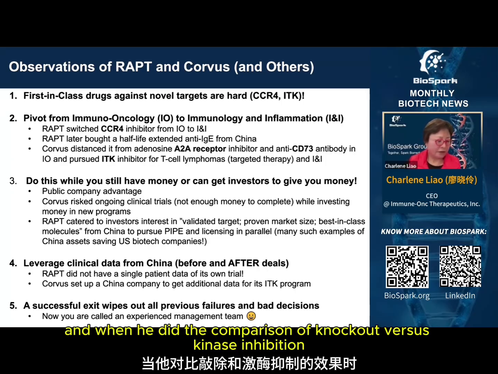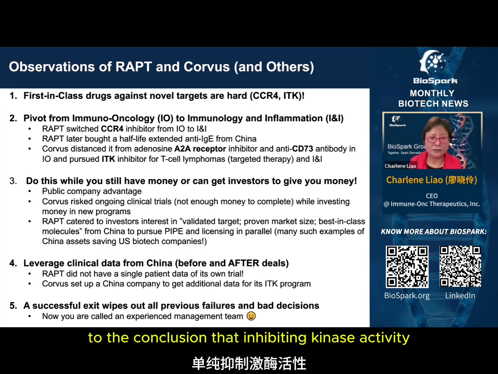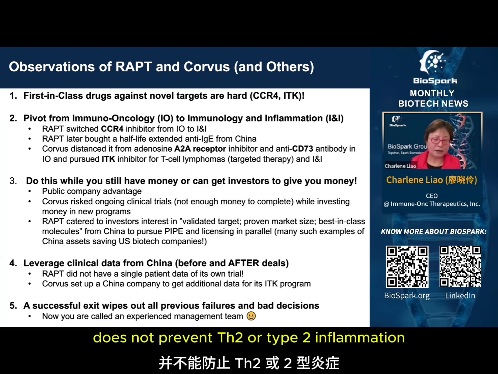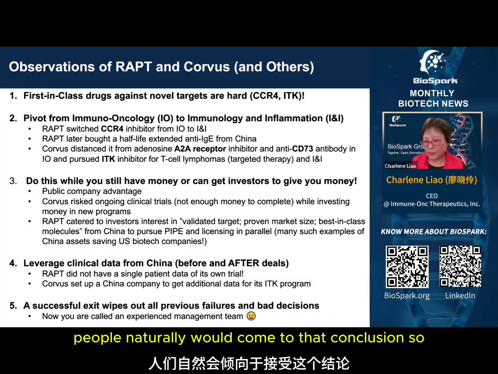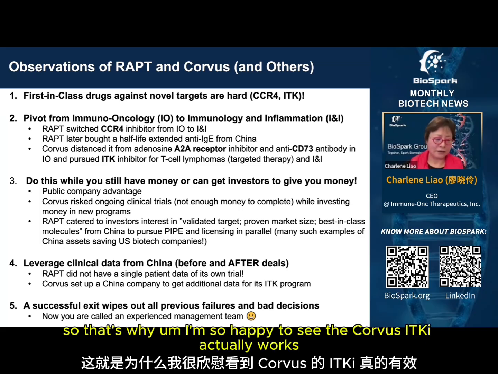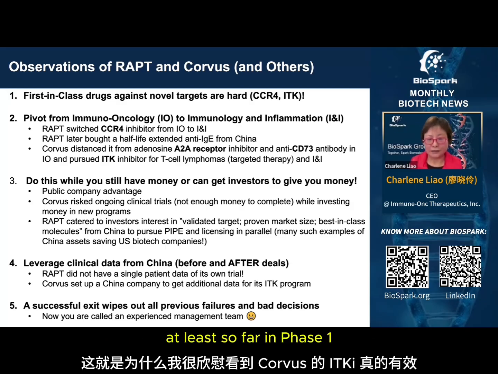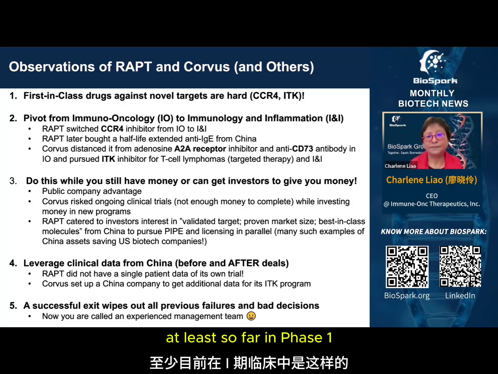And when he did the comparison of knockout versus kinase inhibition, and came to the conclusion that inhibiting kinase activity does not prevent Th2 or type 2 inflammation, people naturally would come to that conclusion. So that's why I'm so happy to see the Corvus ITK inhibitor actually works, at least so far in phase 1.